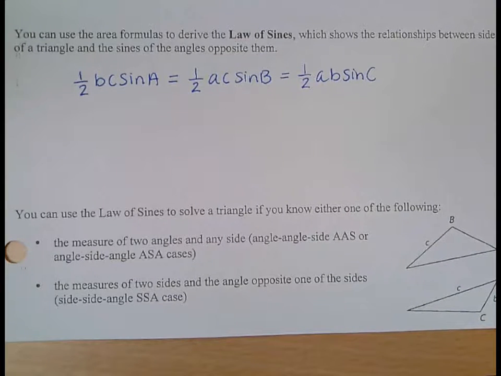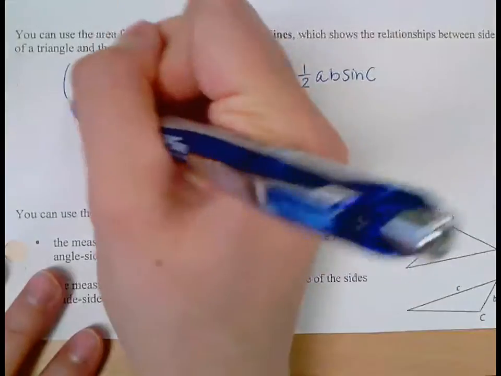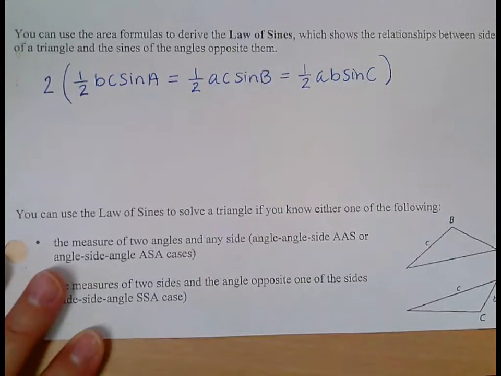To get rid of these 1/2s, I can multiply all three of those expressions by 2, and that's going to cancel out all of the 1/2s.